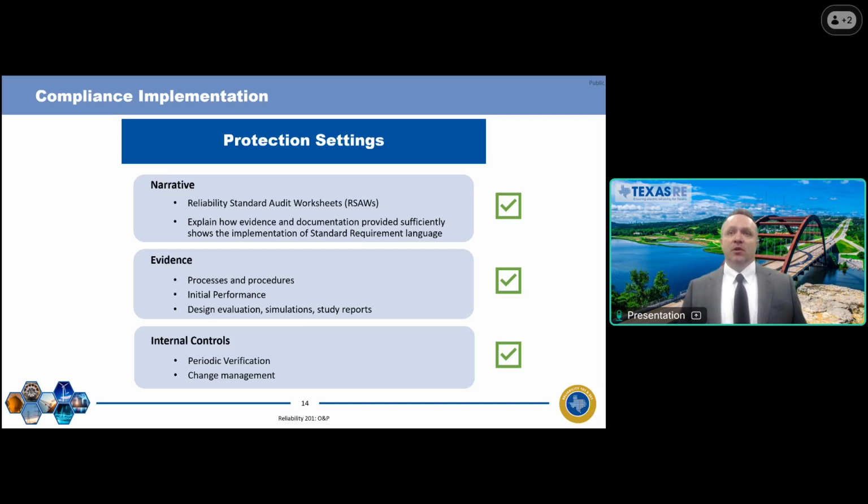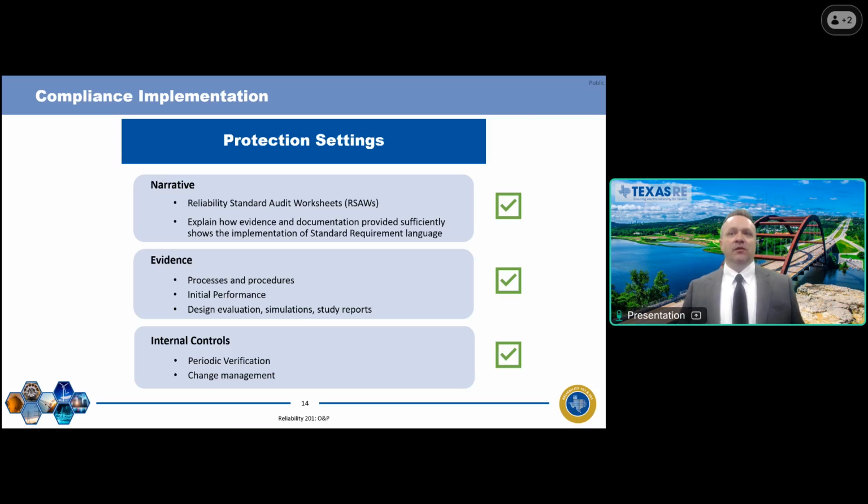One thing you should focus on is establishing the maintenance method that you're using, whether it be time-based or performance-based, and keeping documentation on the actual maintenance activities that are being performed. You want to ensure that you're including all protection systems, automatic reclosing, and sudden pressure relays within your protection system maintenance program.